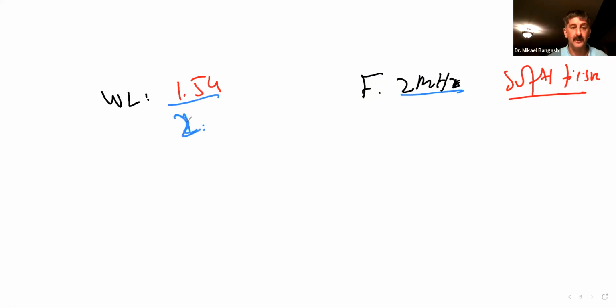I told you guys it's going to make your life easier if you just know that 1.54 divided by 2 is equal to 0.77. This would be in millimeters.